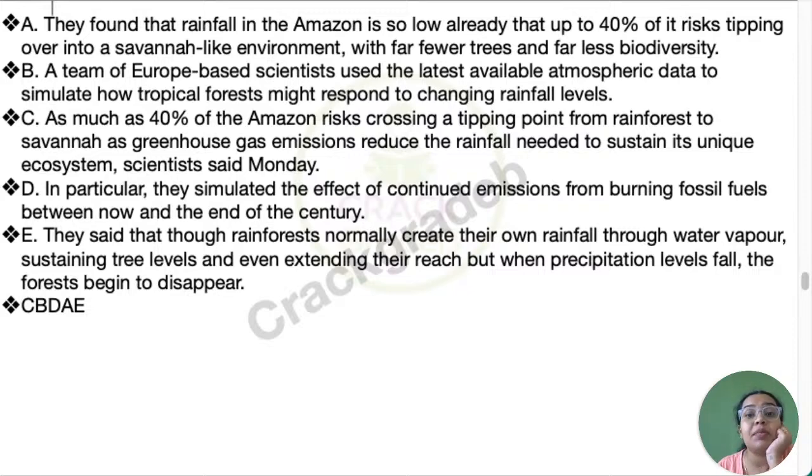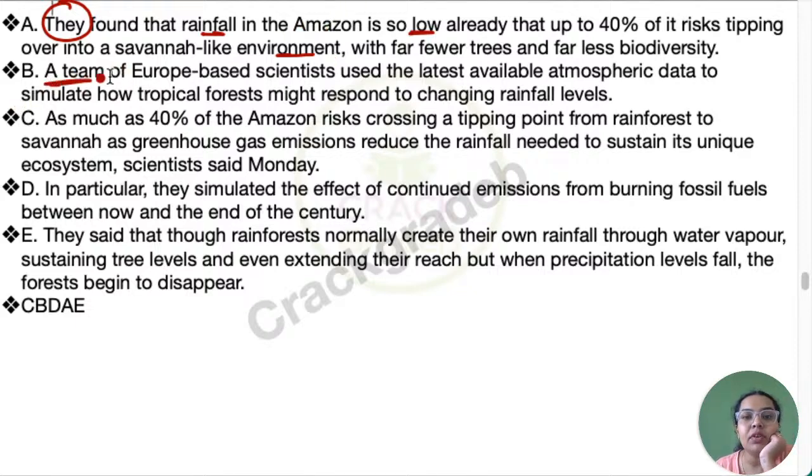They found, now this is interesting. They found something. Now who are these people? There has to be more than one person. They found that rainfall in Amazon is so low already that up to 40% of it risks tipping over into savanna like environments. Okay, we'll keep that in mind. Read ahead.